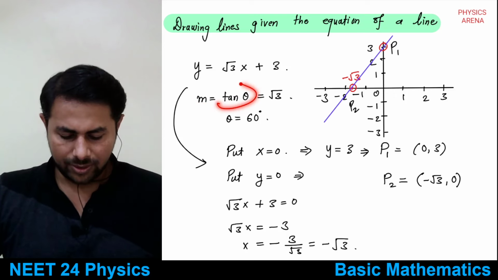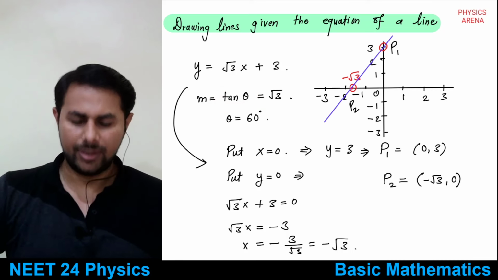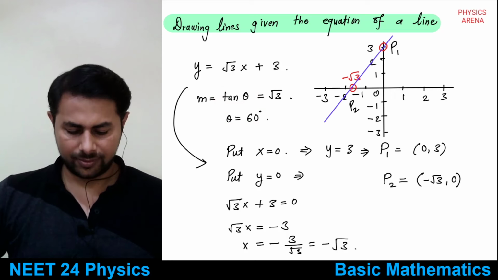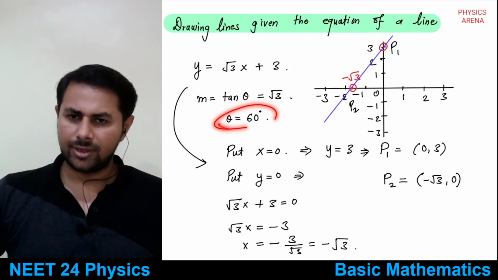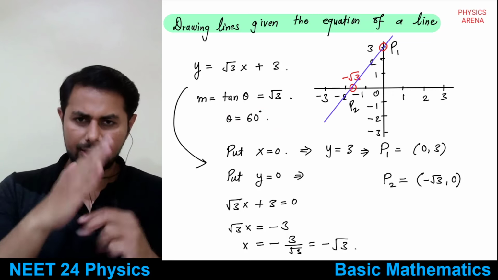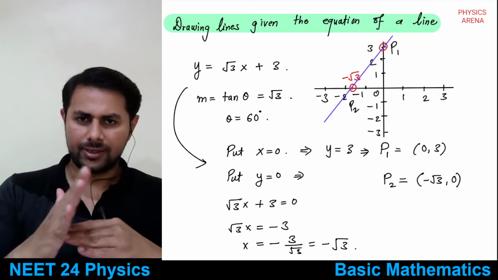So tan of theta is equal to root 3, means the angle is equal to what? It's equal to 60 degrees, because tan of 60 is root 3, right? So theta equals 60 degrees. So this line makes an angle of 60 degrees with the x-axis.